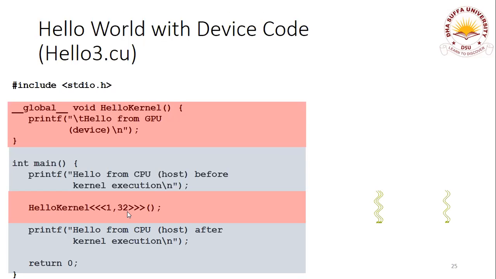Means that if you map it again to the real world example I just shared, there is one group having 32 students, right? One block, 32 threads. And then you have printf hello from CPU after kernel execution. Map this scenario on the classroom scenario again.